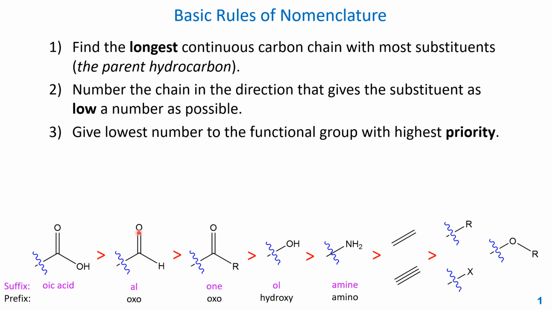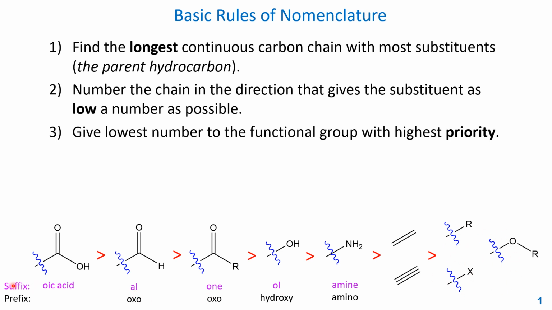Aldehyde, and then ketone. That's the order from high to low priority: ketone, and then alcohol and amine, and unsaturated compounds like alkene, alkyne, and then alkyl group, halo group, that's halogens, and alkoxy group. These groups are lowest and they have the same priority.